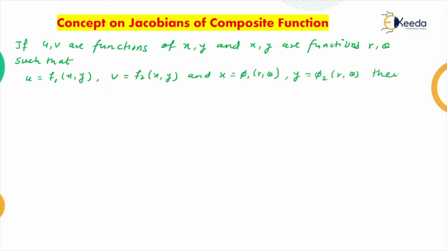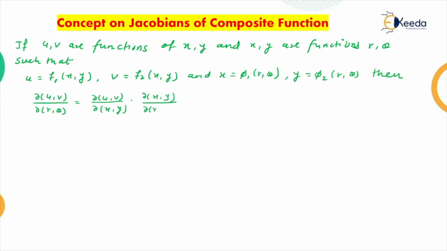Then the Jacobian of u, v with respect to r, theta is equal to the Jacobian of u, v with respect to x, y, since u and v are functions of x, y, times the Jacobian of x, y with respect to r, theta, since x, y are functions of r and theta.